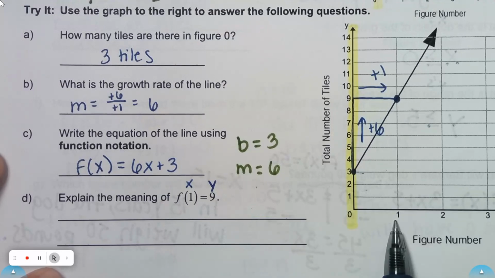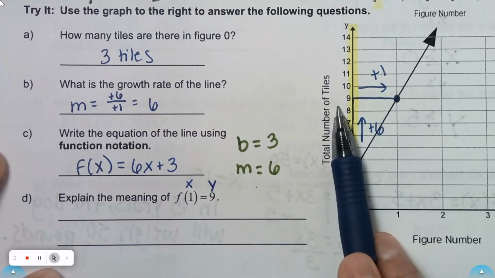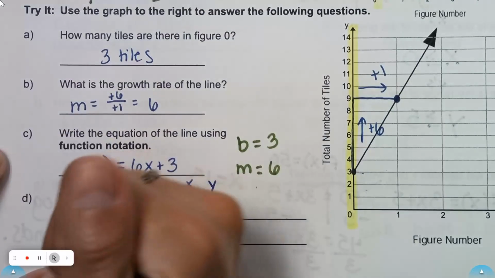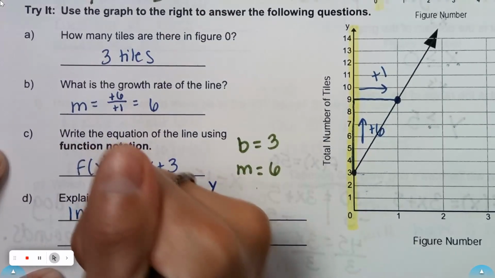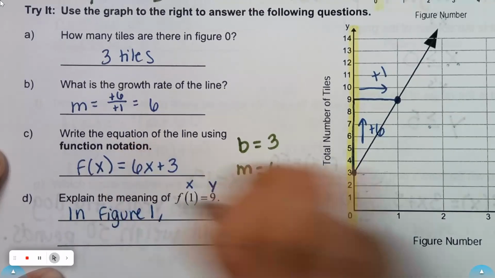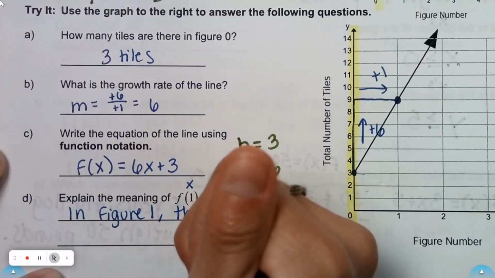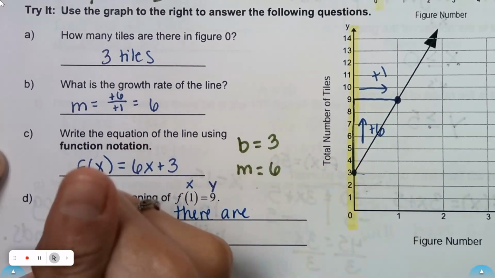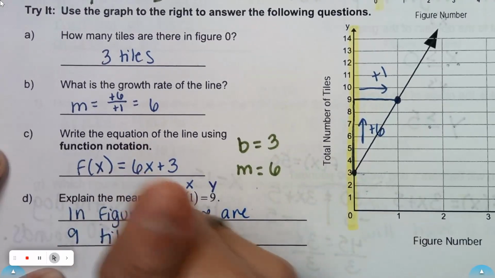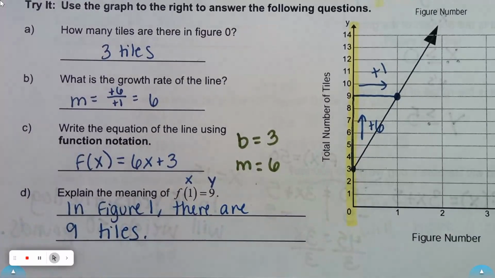So let me write a sentence saying that. In figure 1, there are 9 tiles. Okay, perfect. Once you have that, let's go ahead and go to the last page, and then that'll be the last part of this video for today.